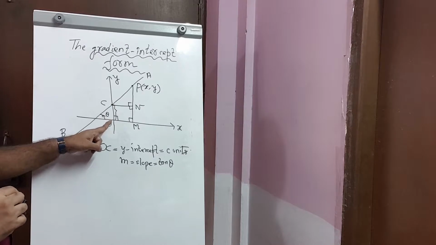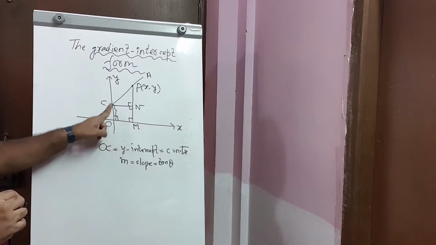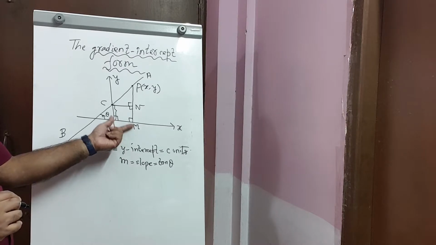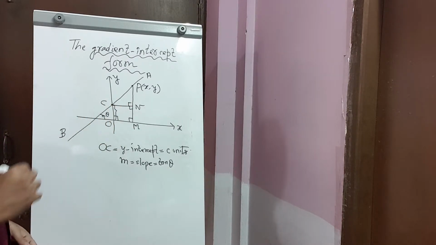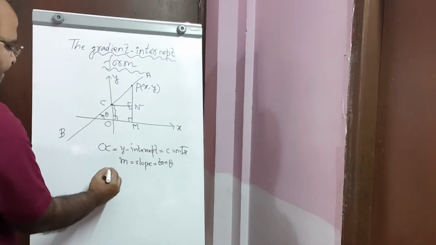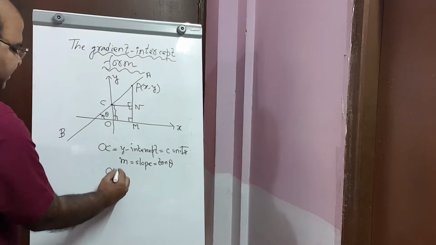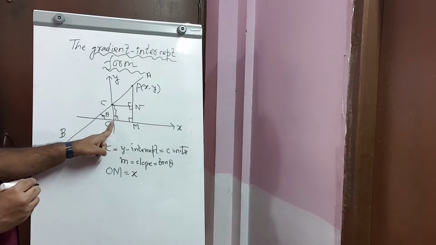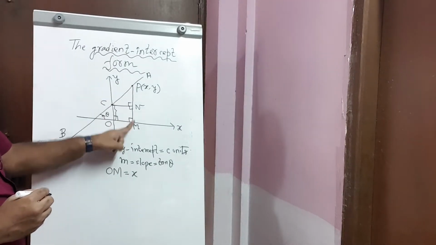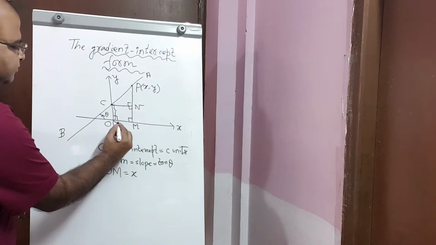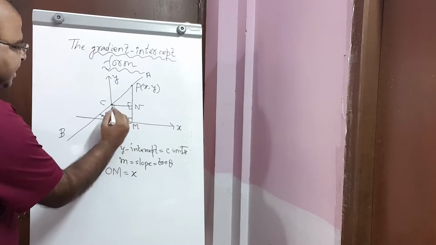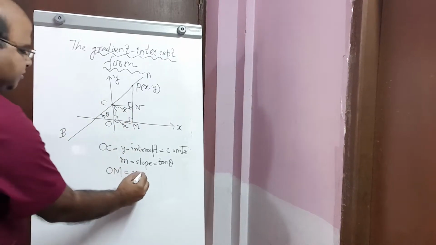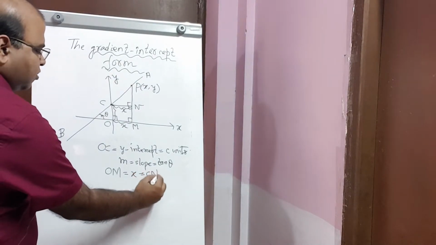So OCNM, this figure is a rectangle, and the opposite sides of a rectangle being equal, the length OM is given by x, that is the abscissa of the point P. This length OM, that is the abscissa of the point P, which is x units, and hence CN is also given by x units, being opposite sides of a rectangle.